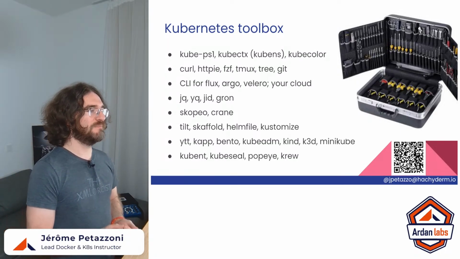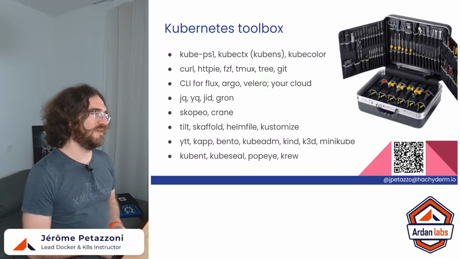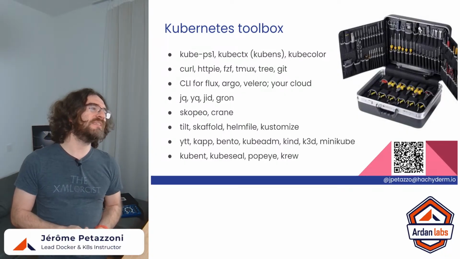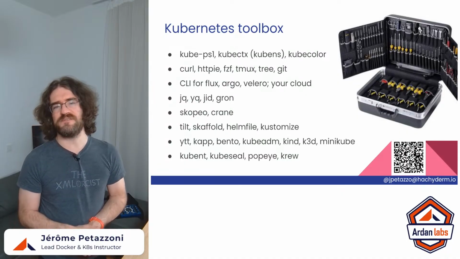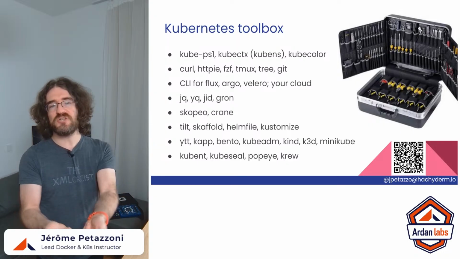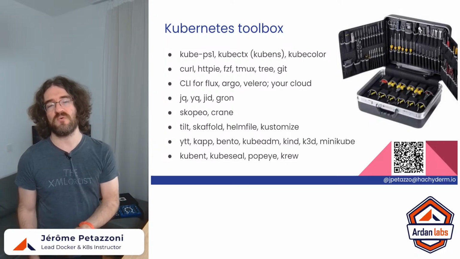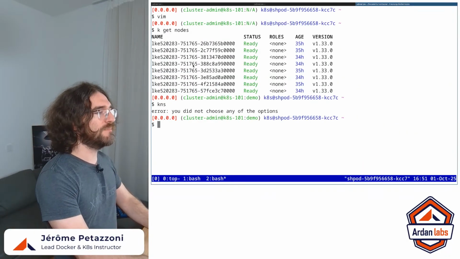I already showed tmux and tree. I'm not going to demo Git because everybody knows Git, hopefully. Flux and Argo and Velero, I can't really give a one-liner because these are CLIs to manage Flux, Argo, or Velero backups.